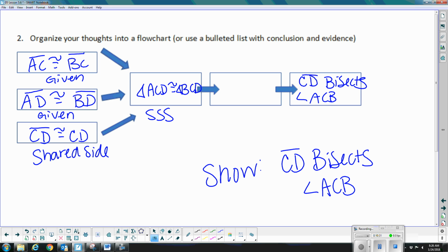And then if those two triangles are congruent, angle ACD is congruent to angle BCD because of corresponding parts of congruent triangles. And then lastly, we know that CD bisects ACB because that's the definition of a bisector. It splits one angle into two congruent angles.